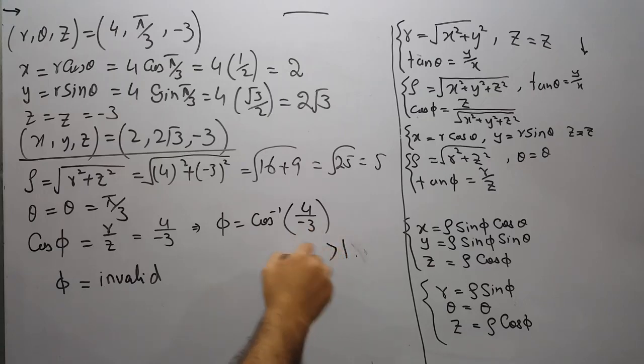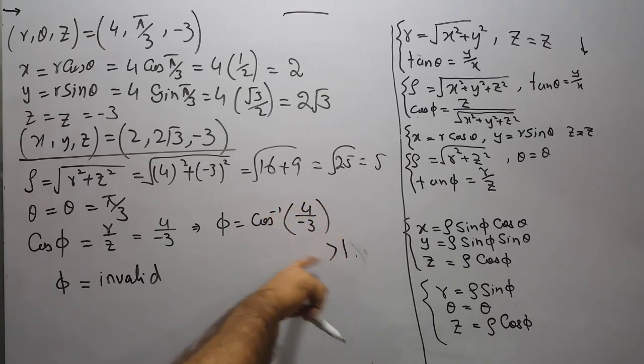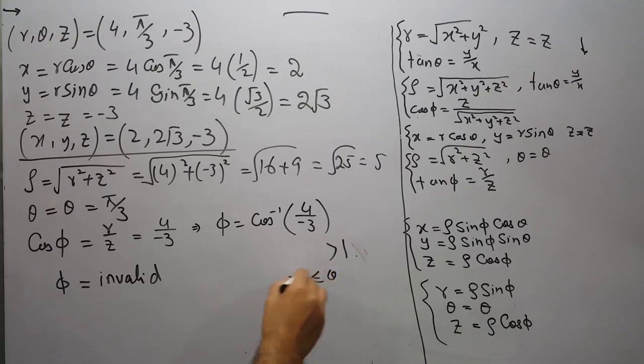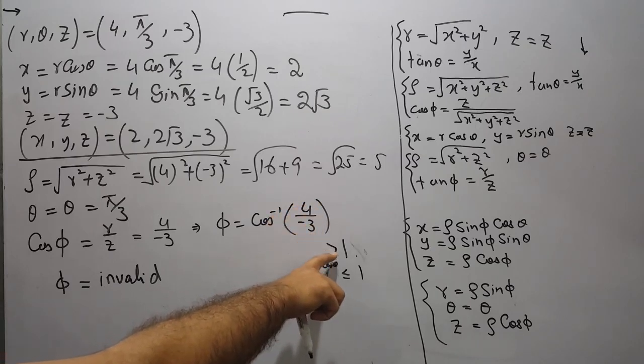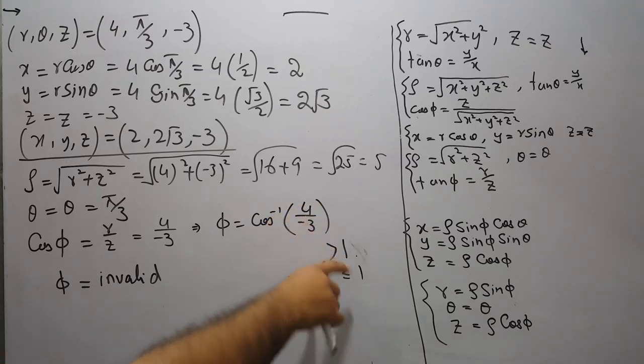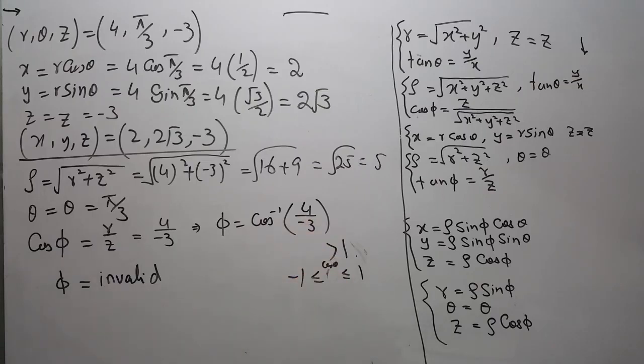Cos always gives you a value between minus 1 and 1. This value is greater than 1 or less than minus 1, so it does not come in range. That's why it is invalid, and it will not give you the value of phi.